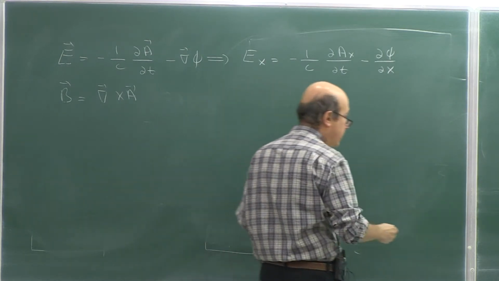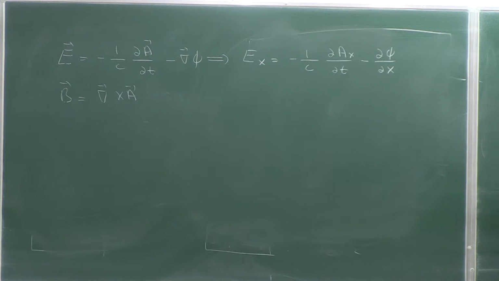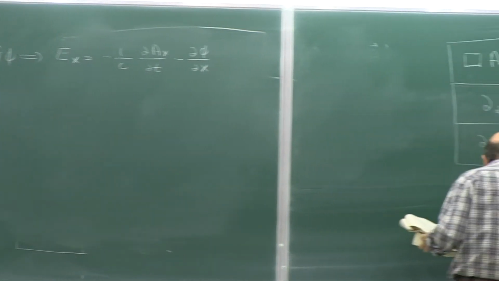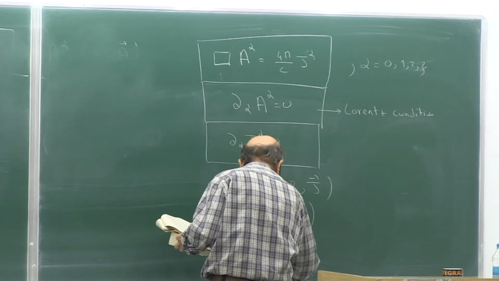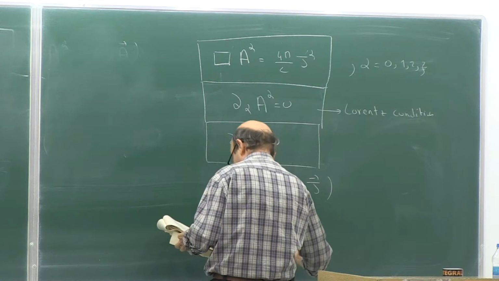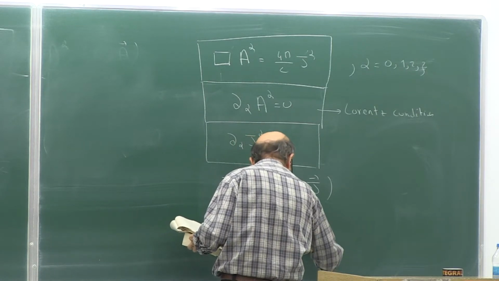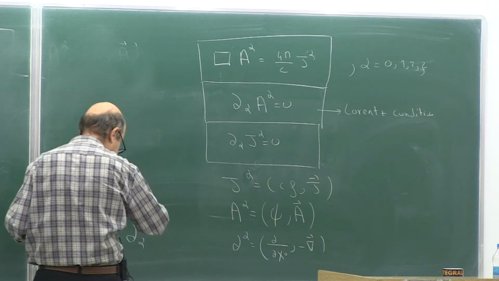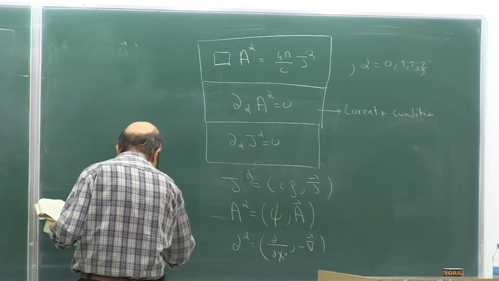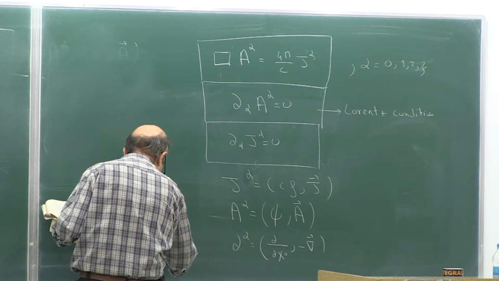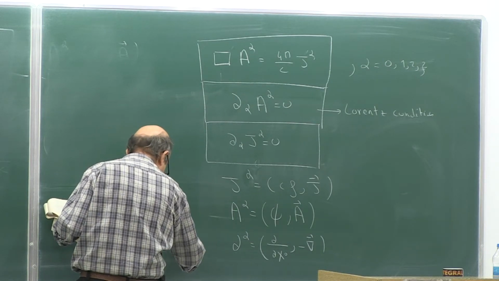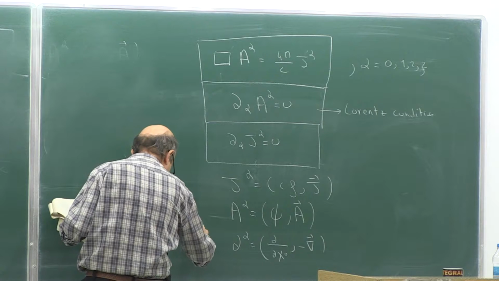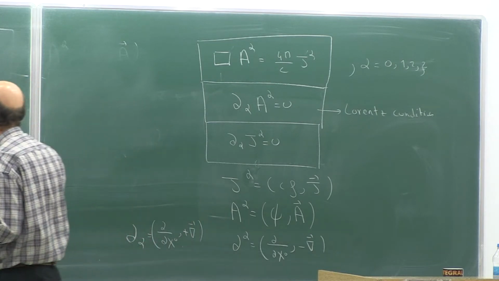So let us write del alpha when the index is up, that is del over del x0 minus gradient. And when the index is down, in the covariant form, this is del over del x0 plus gradient.